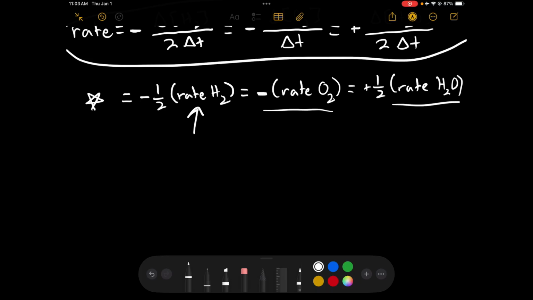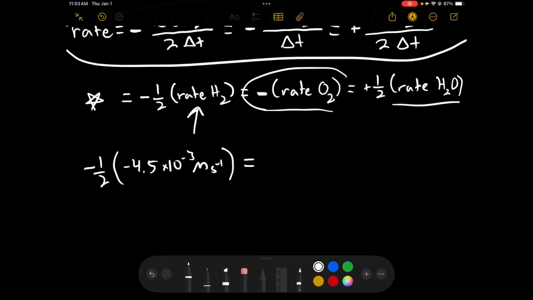So let's do that. All right, we have negative 1/2 times that number, negative 4.5 times 10 to the negative third molarity per second, and that is equal to this entire thing, so negative rate of O2.